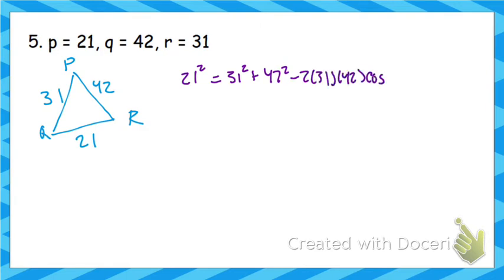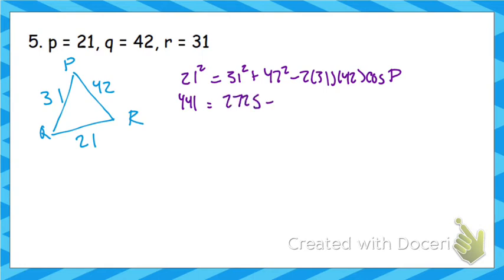All right, and remember we talked about this on the first question. We cannot combine those numbers together. Don't combine them together. So on my calculator, I'll just do 21 squared by itself, which is 441. I'll do 31 squared plus 42 squared. That's okay. So that's 2725.